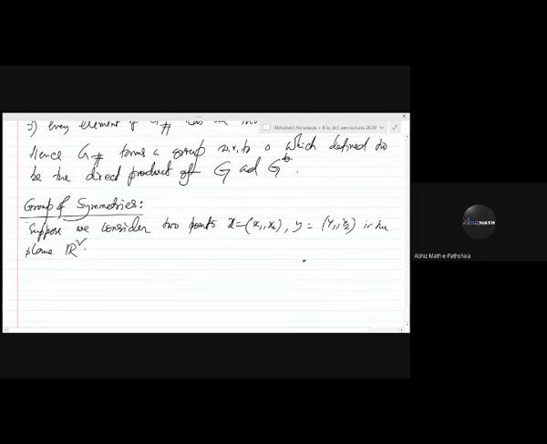That is, if you have x and y, then the distance between x and y is the length of the line segment joining x and y, right?